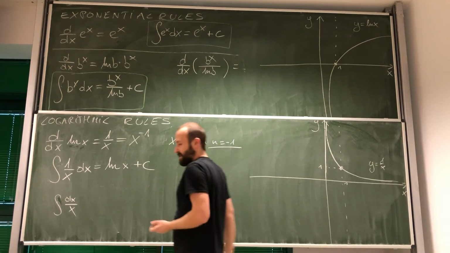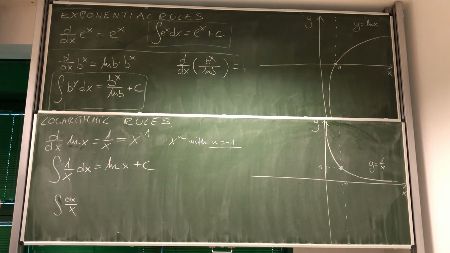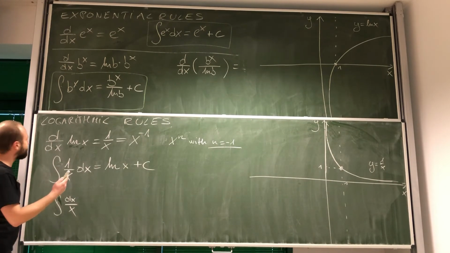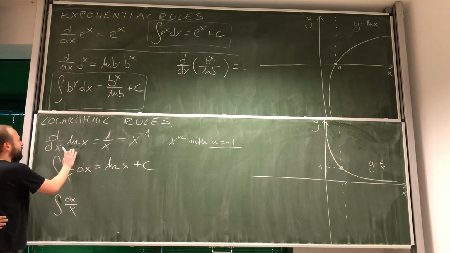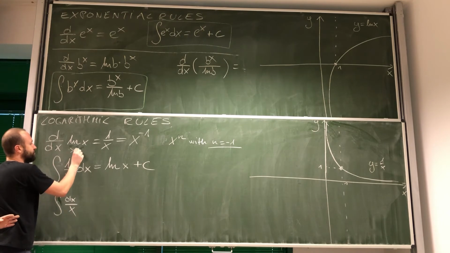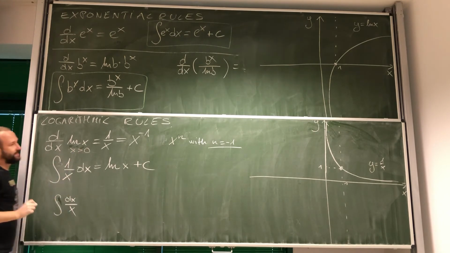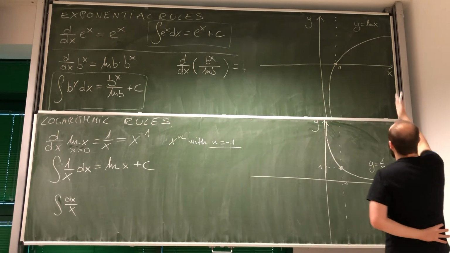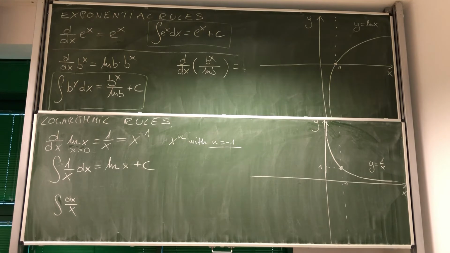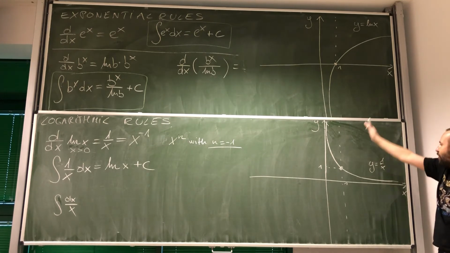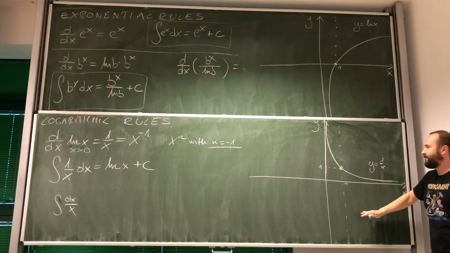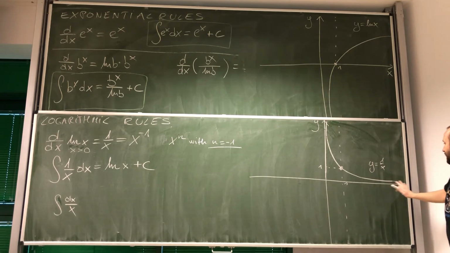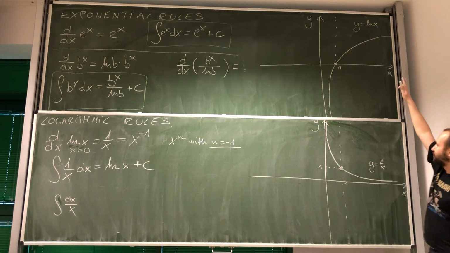But look, there is a trick over here. And what is this trick? Well, the trick is that when I write ln x, I instantly assume that x is bigger than 0, right? So when we were discussing the derivative of ln x, we were discussing only positive values of x in the domain.